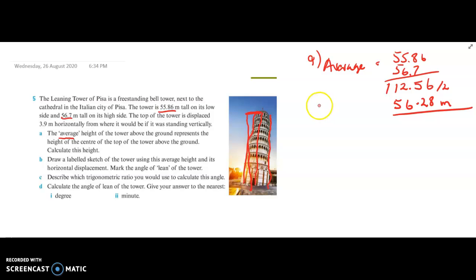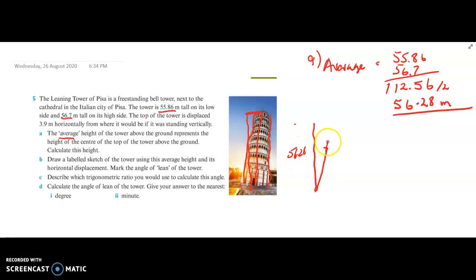We can now draw the triangle. Remember, that's its height there. The center has actually moved across. So in actual fact, this is the average height of the tower above the ground, 56.28.